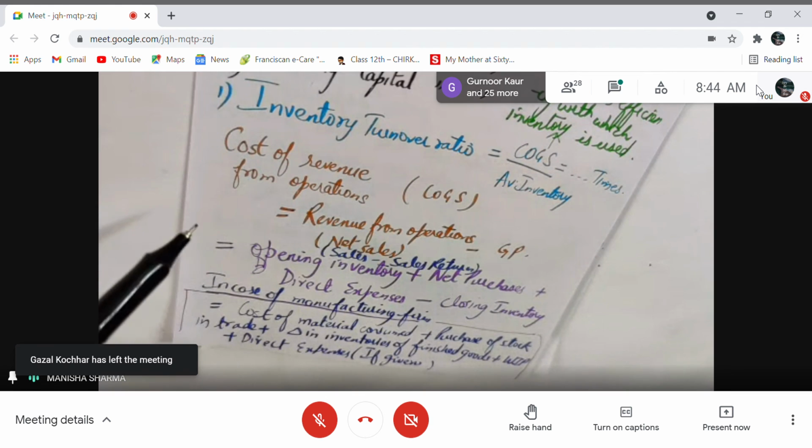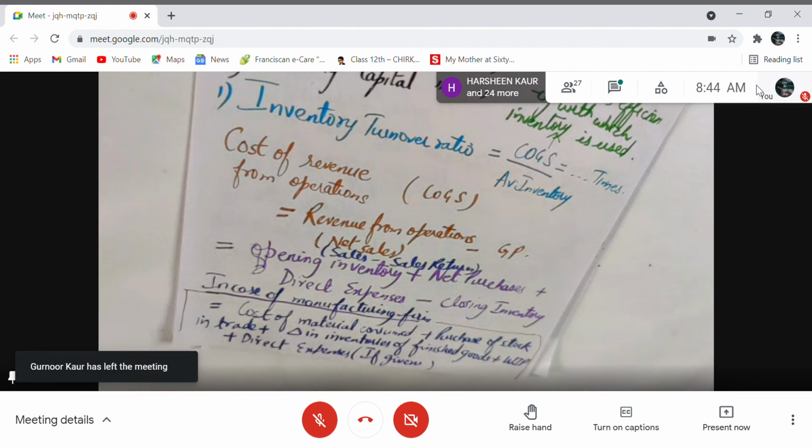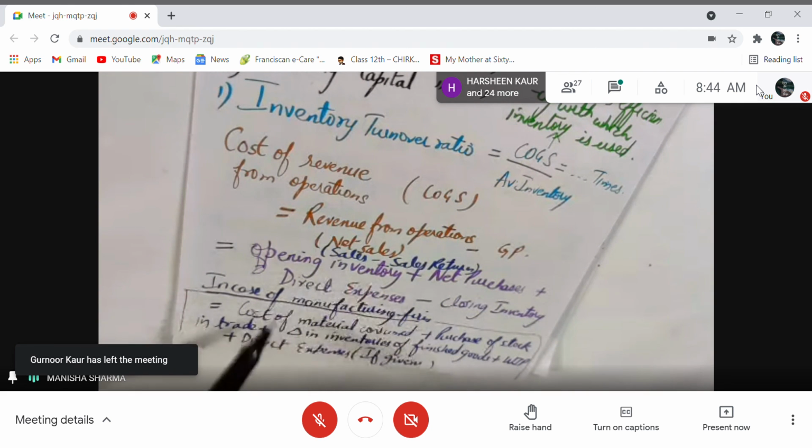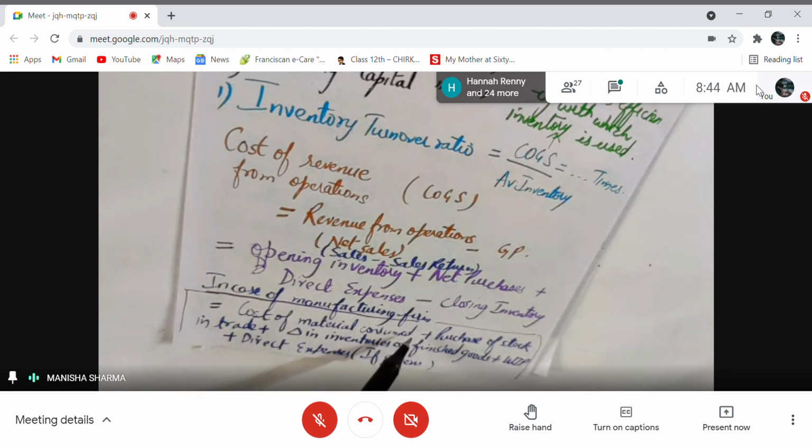The remaining COGS formulas you've done in 11. If it is in terms of the profit and loss account, then it will be cost of material consumed plus purchase of stock in trade. You can understand that purchase of stock in trade is actually purchases only. Change in inventory of finished goods is closing stock minus opening stock of finished goods.